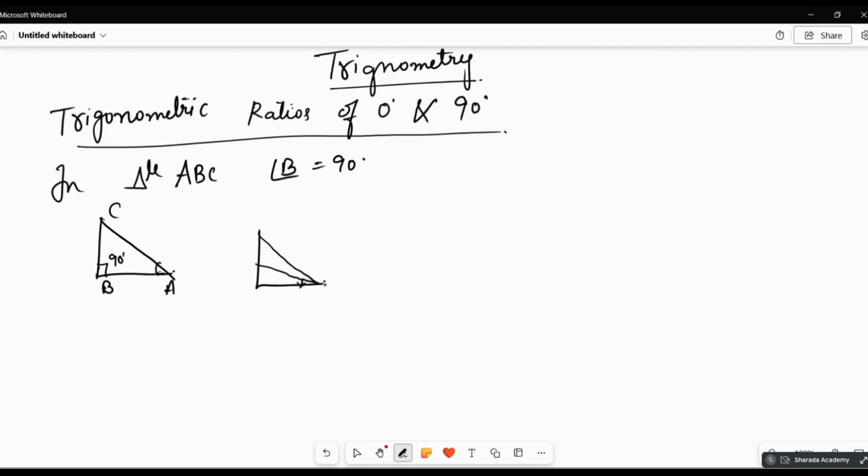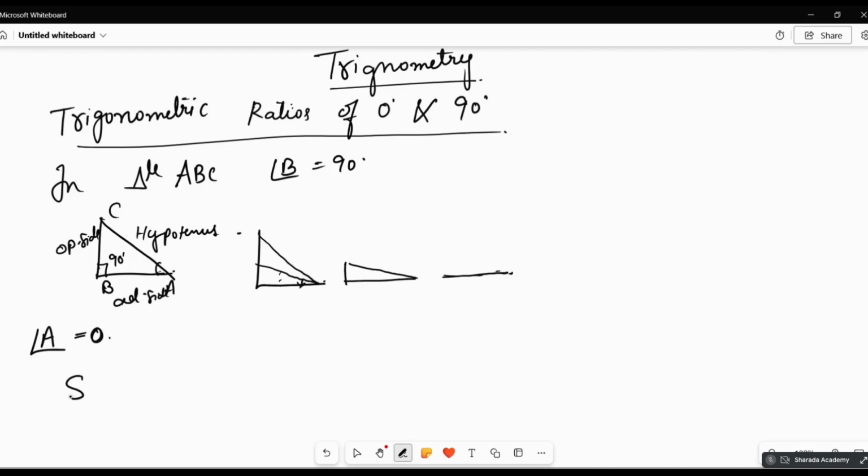Write down this. I'll explain this. Now if it reduces to this, we will try to make angle A equal to 0.